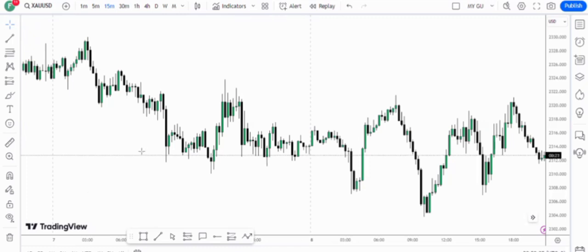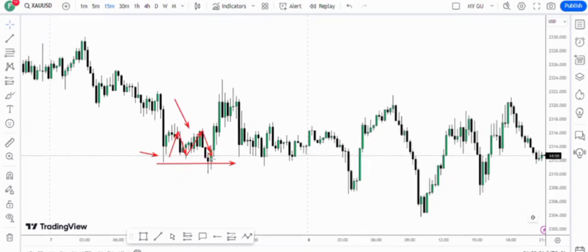So as you can see, price made a wick here, right? This is the low of our wick, right? So now, if we look at the price action around this area, you can see how price is playing around this area, but there is no candlestick that's closing below the low of our wick.